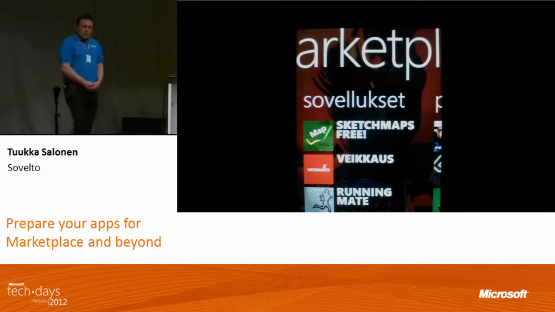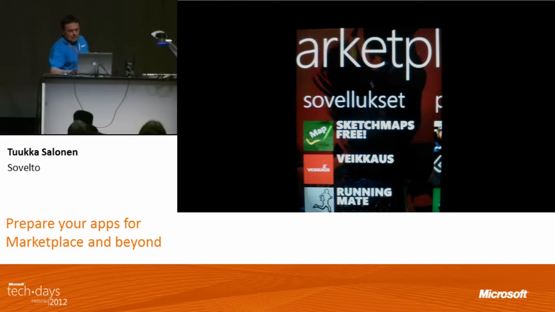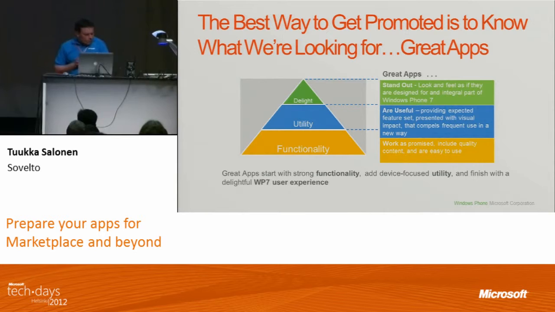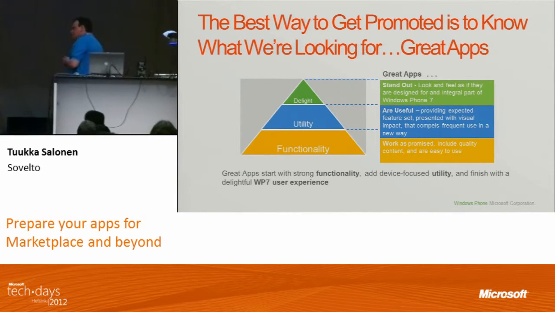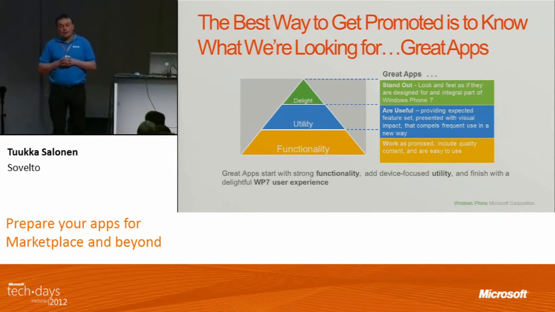Well, how do you get there? That's not too easy. But there are some ideas that you have to consider. There are certain things that Microsoft tries to find from your application. So in general, functionality, utility, and delight.